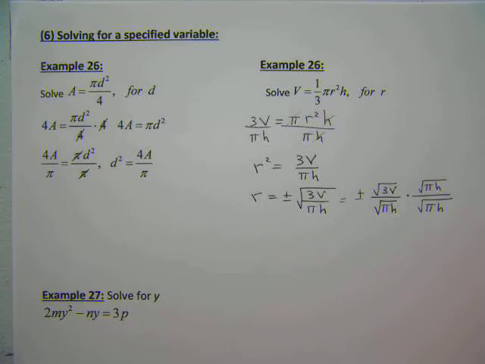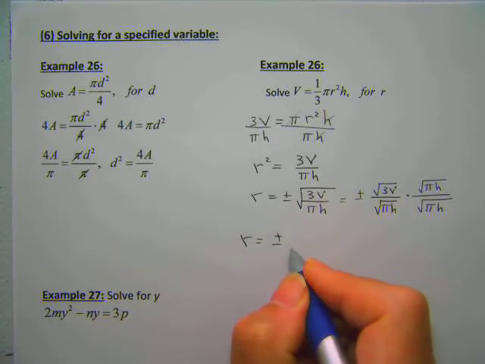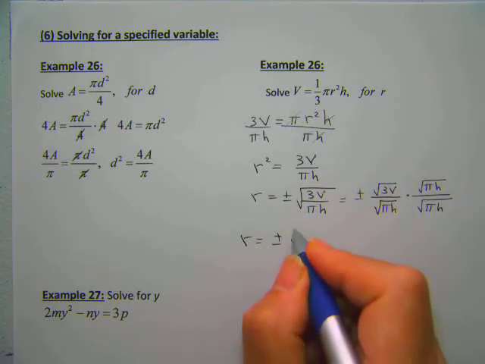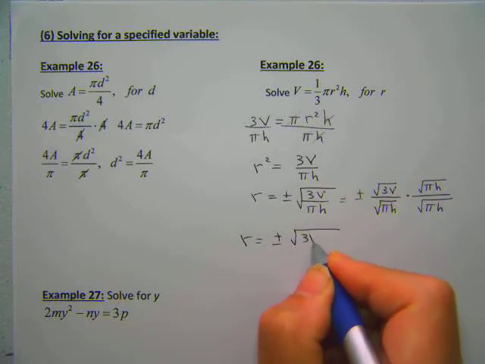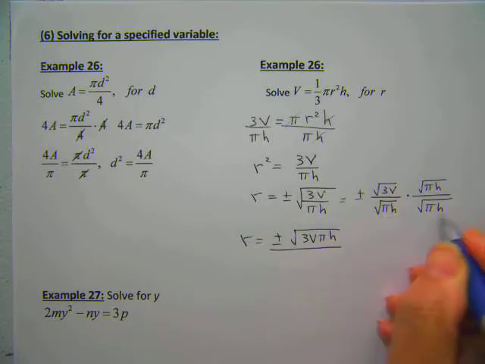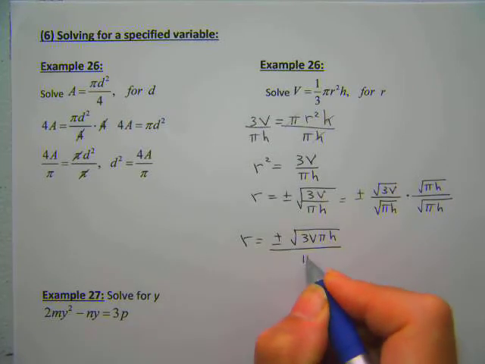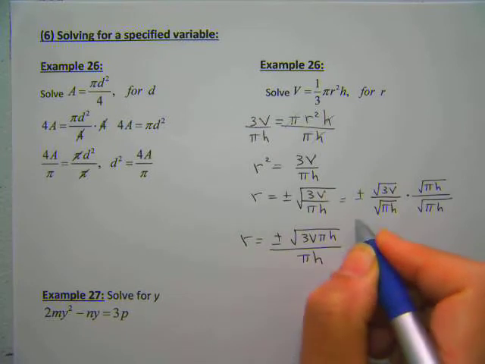So now let's see what is left. So r is equal to plus or minus, the numerator is the square root of 3V pi h, and the denominator, when you multiply a square root by a square root, that's the whole idea why it's called rationalize, because a square root squared, all you get is pi h.